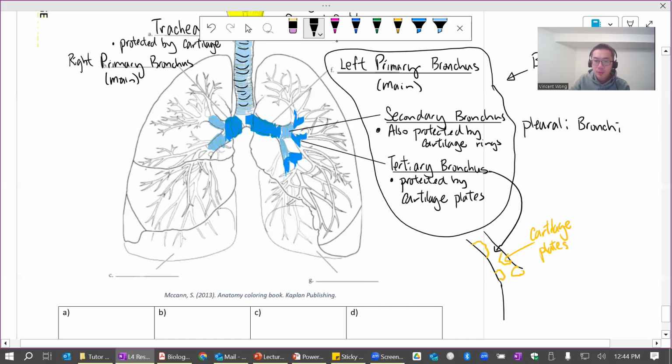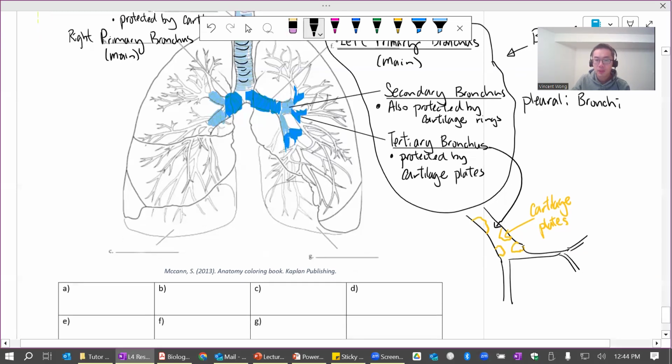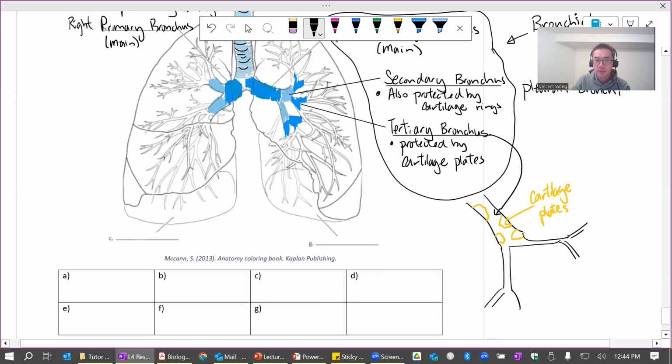Now it will continue to branch a little bit and become really, really small. Okay. So these really small ones, these are called bronchioli.